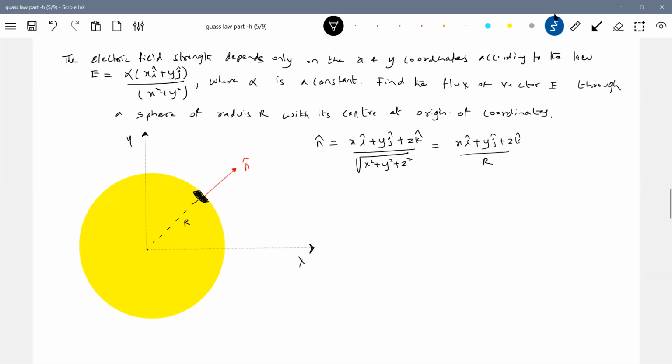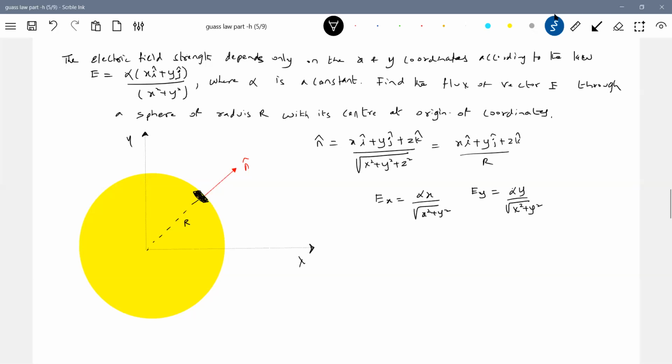So then what about the electric field vector? The x component of the field is given by alpha x, and the y component by alpha y. I'm just trying to interpret it properly.